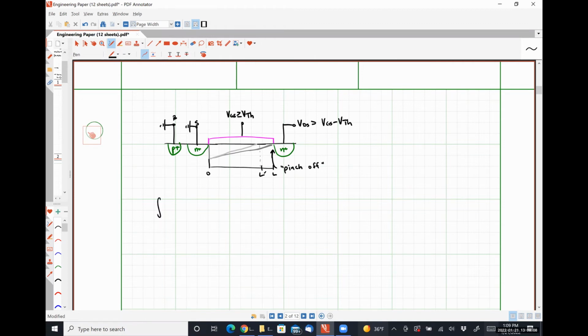Our integral from 0 to L prime, we're going to have ID dx is equal to the integral from 0 to VGS minus VTH of UN, Cox, W, VGS minus VX minus VTH.